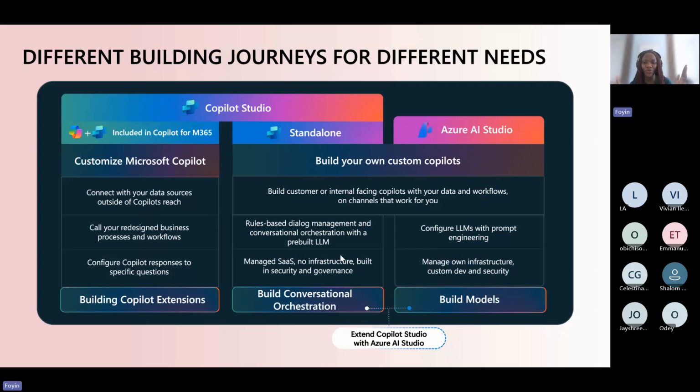So how do we determine which goes where? How do I decide on what to use to build my agents? So first of all, on this spectrum, we have Microsoft 365 Copilot Chat and Copilot Studio. So you can include Copilot Studio within Microsoft 365 to extend it.